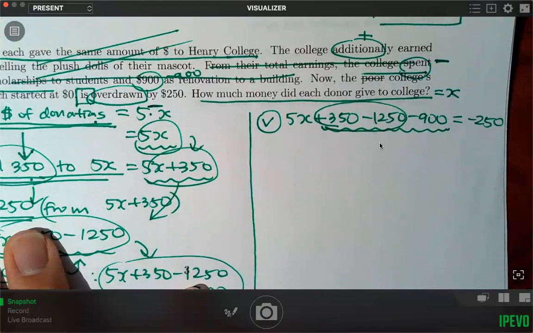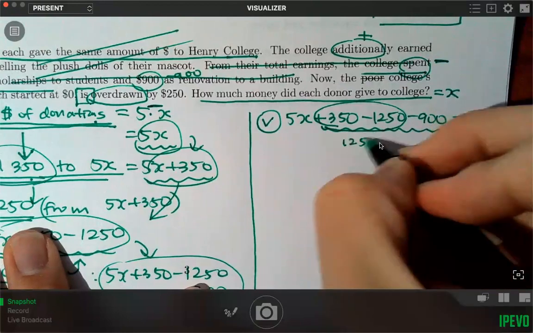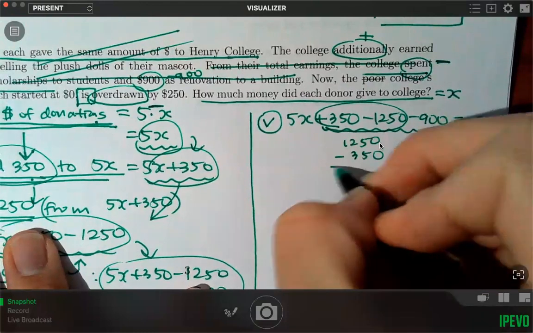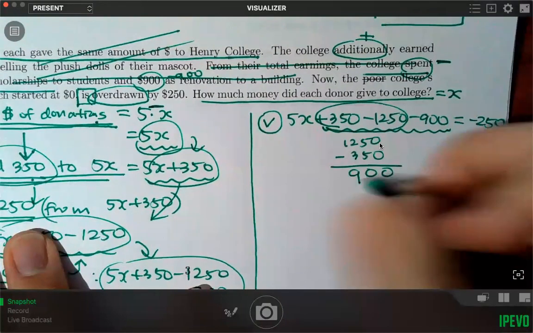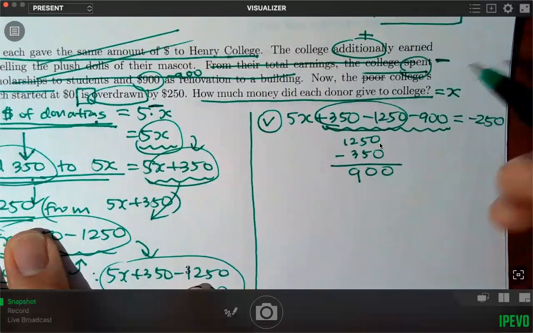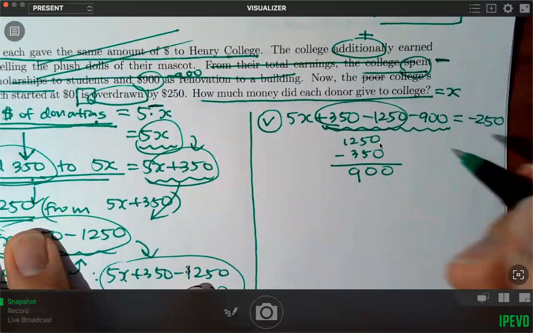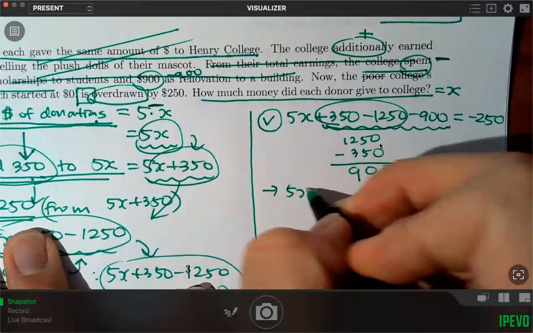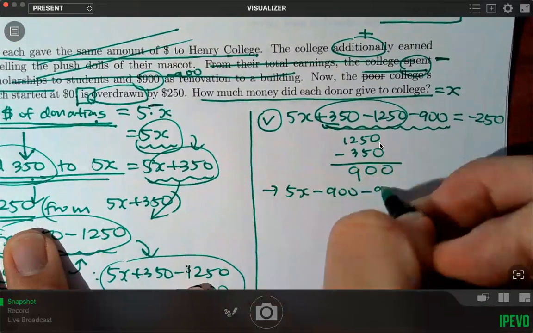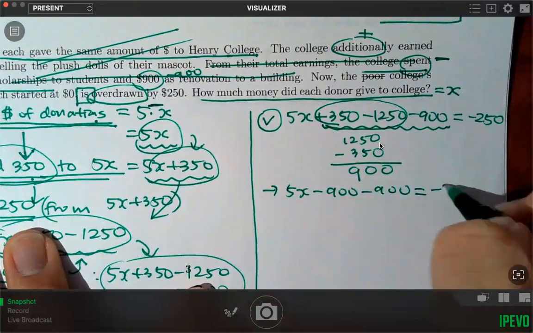Negative 900, yes. Do you see that? So first, subtract the other way, so 1250 minus 350 is 900. But since we are subtracting a bigger number from a smaller number, we have to put the negative sign. So it's 5x minus 900, and then minus 900, is equal to negative 250.